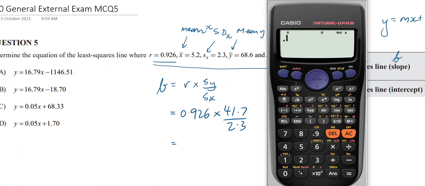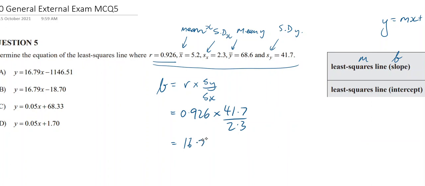Here we go, 0.926 multiplied by, I'll put my fraction button once, 41.7 over 2.3. We get 16.788, and so on and so forth. Now that tells me that our m value, our x coefficient, is 16.9.